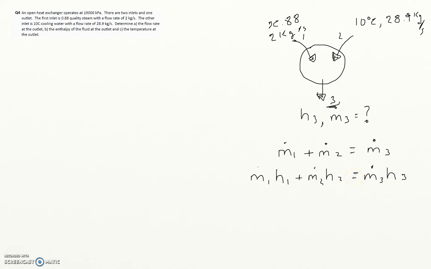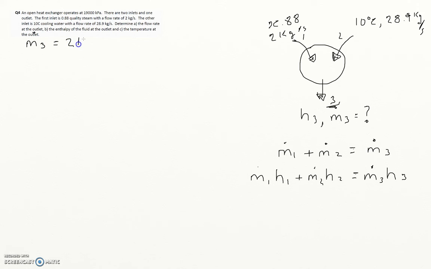In order to solve this problem, I'm going to have to figure out flow rates, which for the most part I'm given, and find out enthalpies and then move on from there. First of all, the flow rate at the outlet is my M3, and it is equal to the two flows that are coming in.